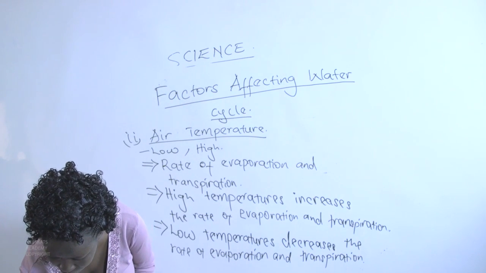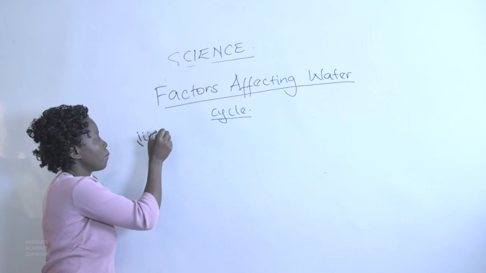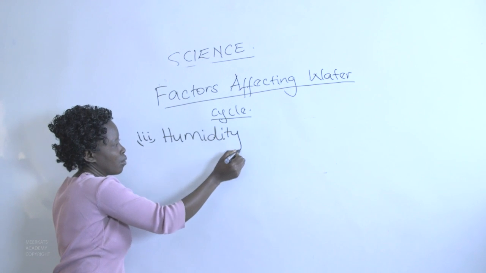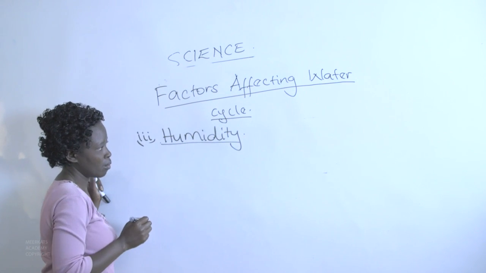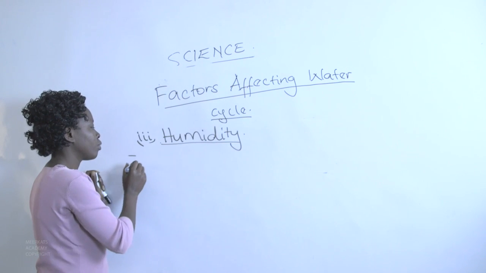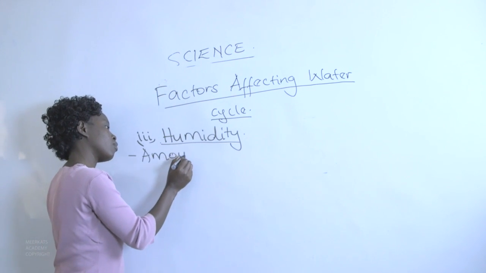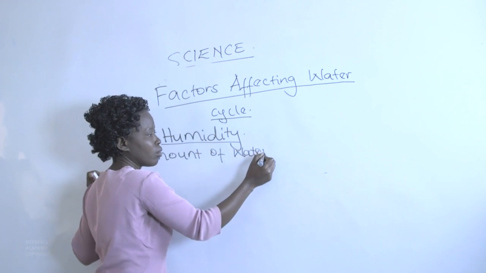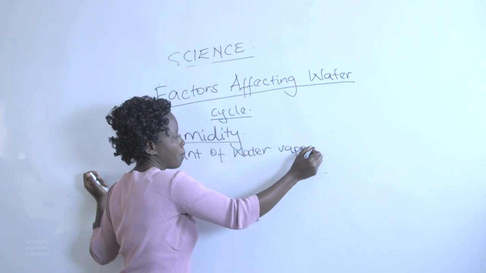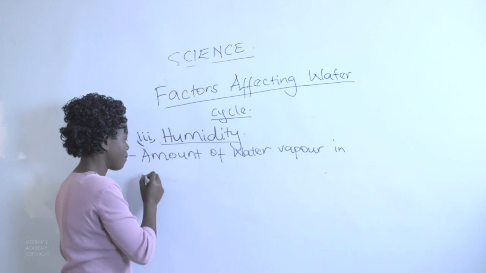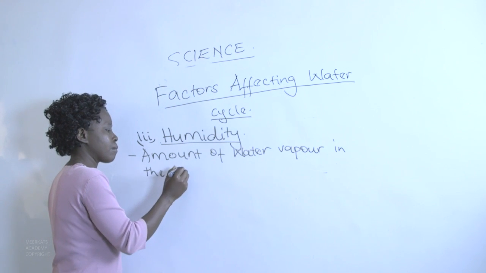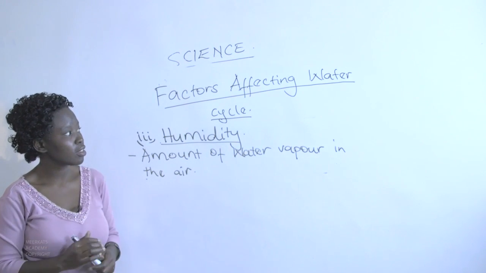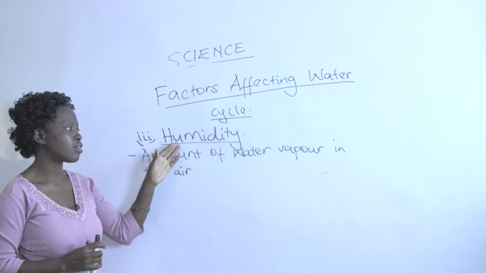The next factor that affects the water cycle is humidity.